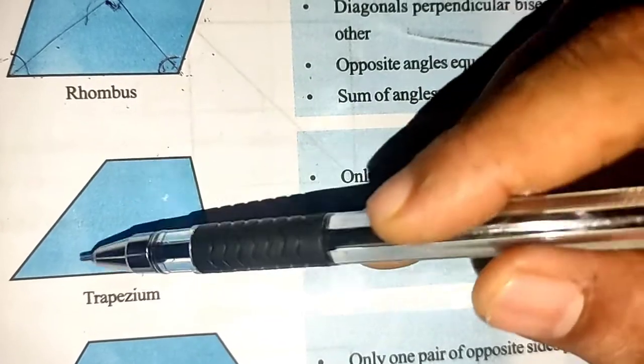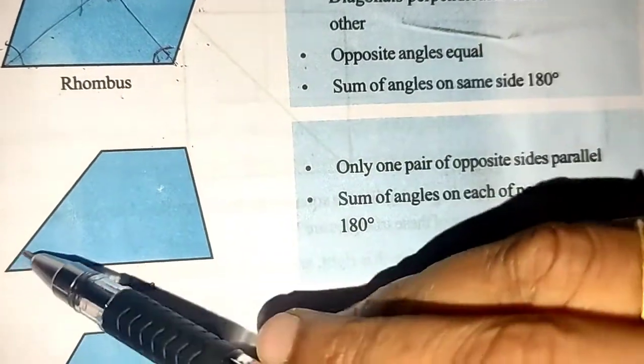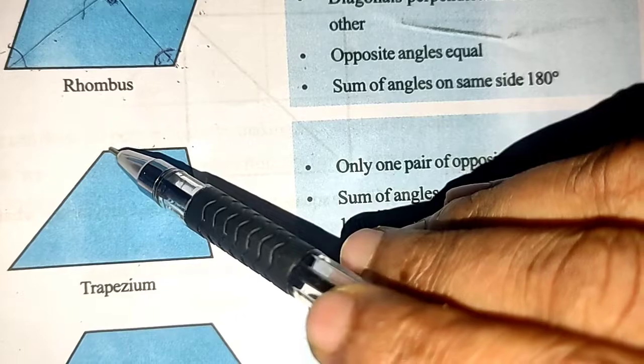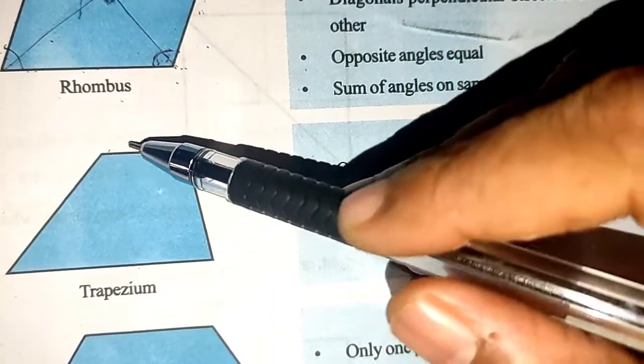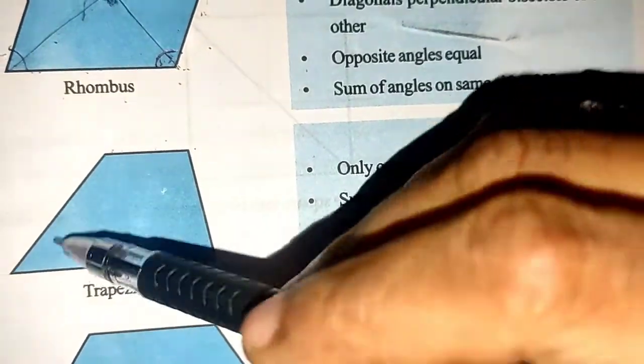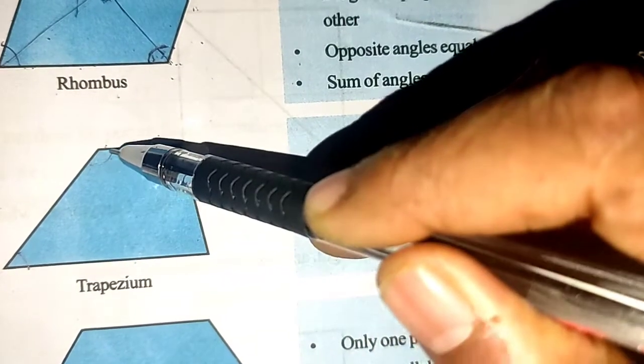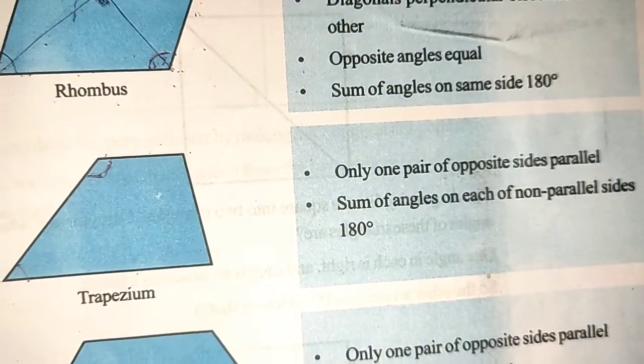We know that if a pair of lines are parallel and a transversal cuts these two lines, then the co-interior angles are supplementary. Do you remember that?